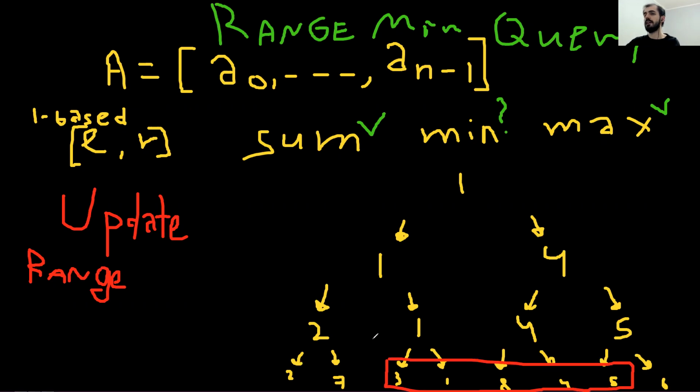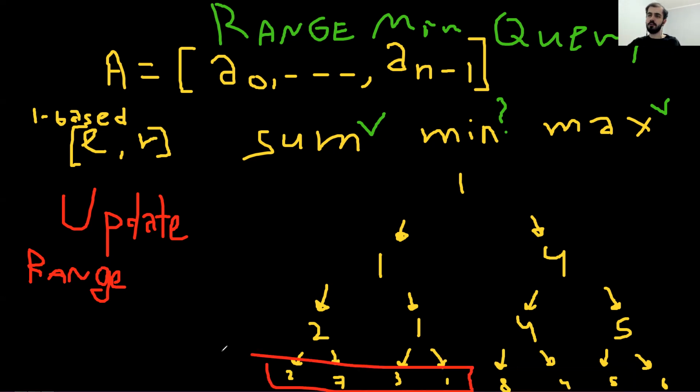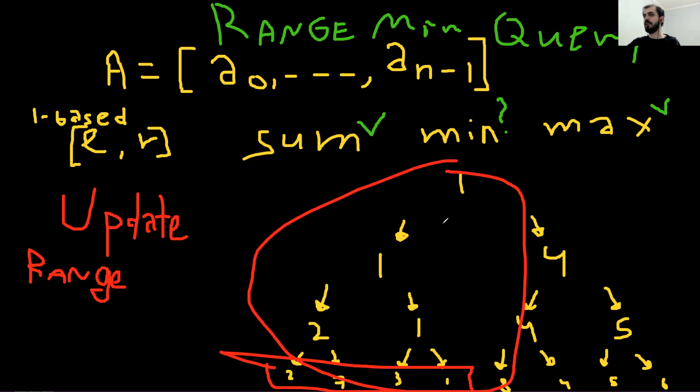I just want to assign a value of 11 to it, or maybe I want to add a value of 11. So I just want to change the entire segment in some way. Now, you clearly don't want to make this point update for each element because it's too much work. What if somebody comes in and asks you to change half of your tree? You don't want to change this because it's a lot of work.